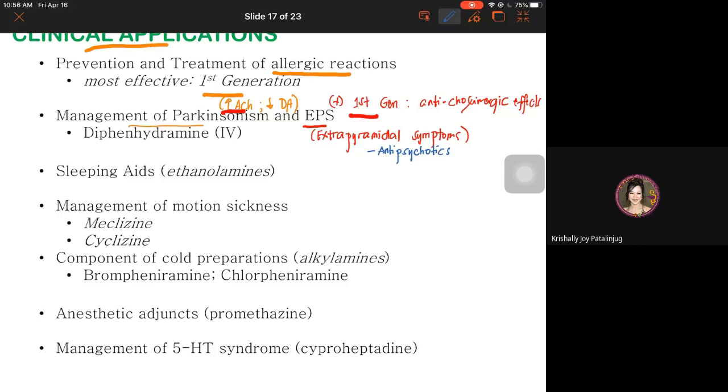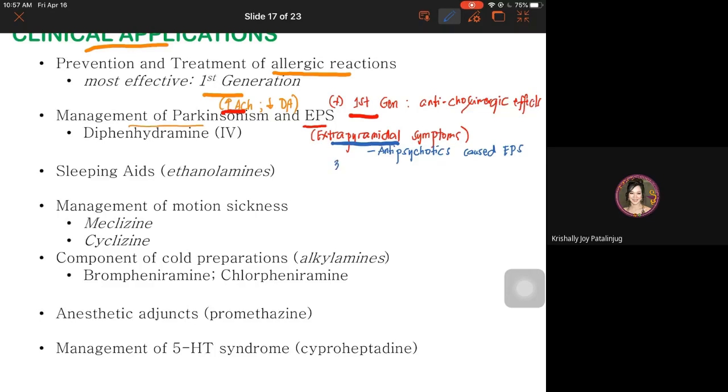Sila gid ang gakos og EPS. Unsa day ang usual manifestation ng patient with this EPS or extrapyramidal symptoms.